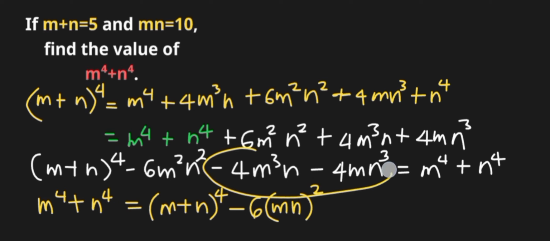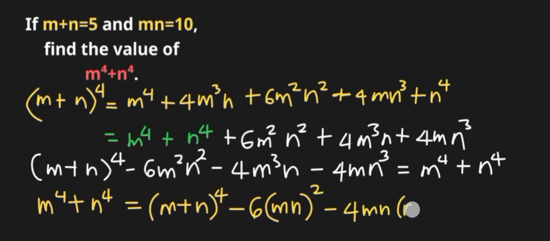And for the other two terms, negative 4mn can be factored, and we'll be left with m squared plus n squared in parentheses. So far, we have m plus n to the power of 4, we have mn squared, we have 4mn here. So we just need to do something small to m squared plus n squared. Then we'll be able to substitute the values.